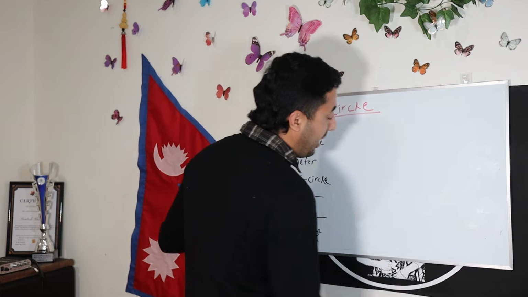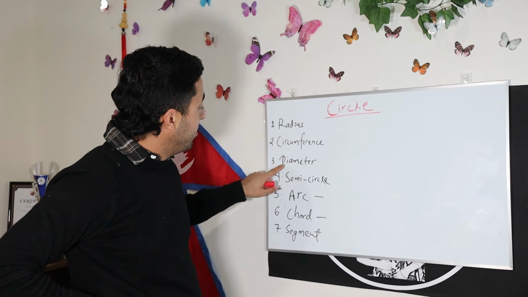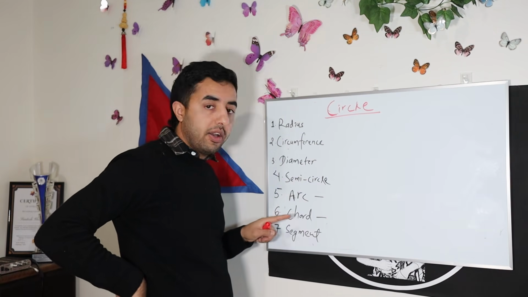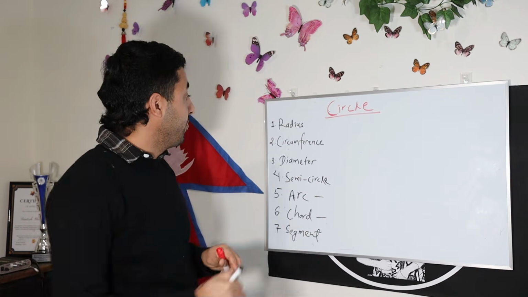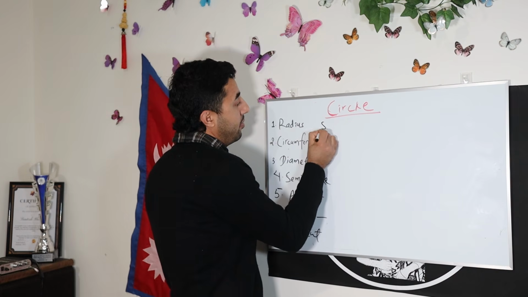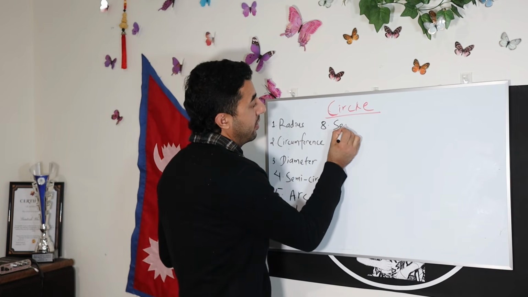So till now we learned about circle, radius, circumference, diameter, semicircle, arc, chord, segment. यति कुरा हामीले जाने, सातवटा कुरा हामीले जानिसक्यौं. Next, 8 number, let's learn about sector.